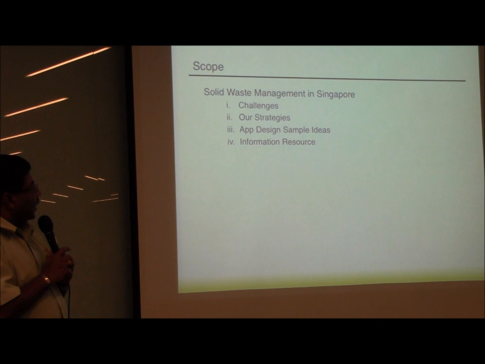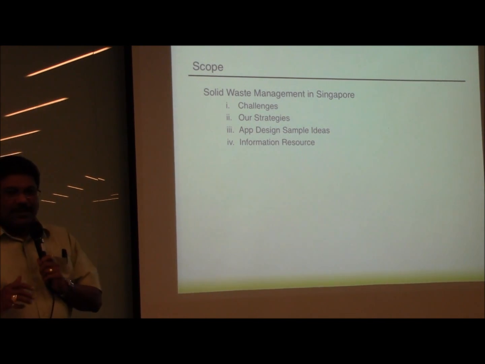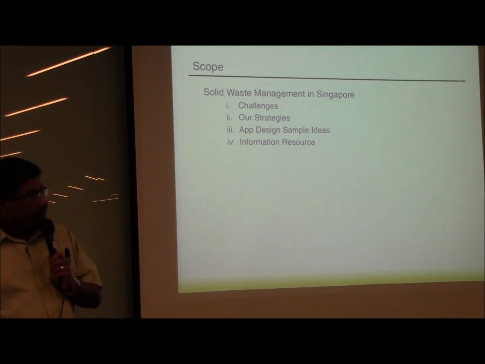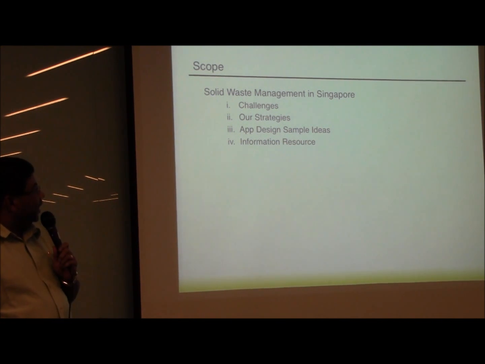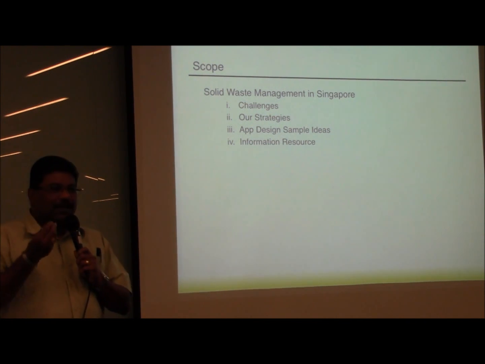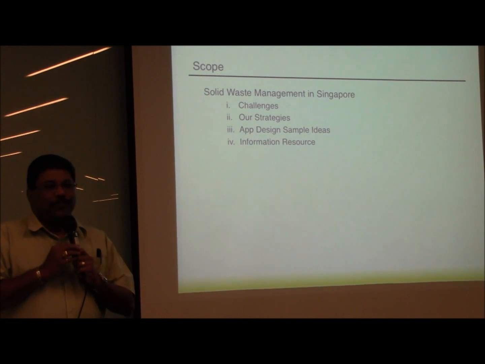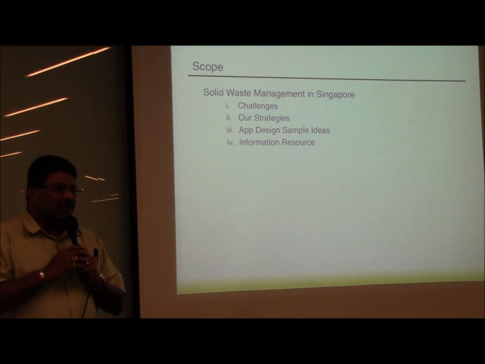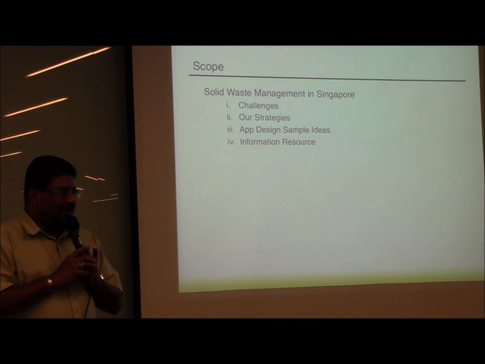Now, the challenges that we are facing, the strategies that we have employed. With this, we want to see what sort of app will help us to cut down on waste. That means to give the information that the public requires to cut waste from the mainstream. Just for your information, we were collecting something like 7,800 tons a day.